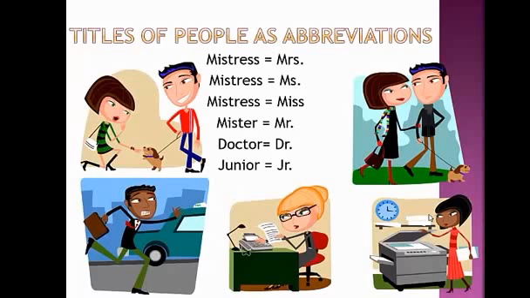Ms., capital M-S, period, is referring to either a lady that's married or one that is not. And in a situation where you don't know whether someone is married or not, and you are referring to them, it's probably best to use capital MS, period.